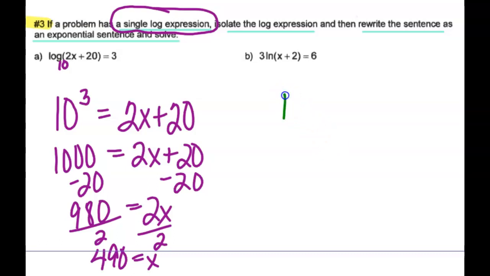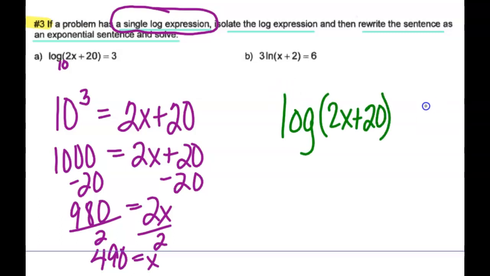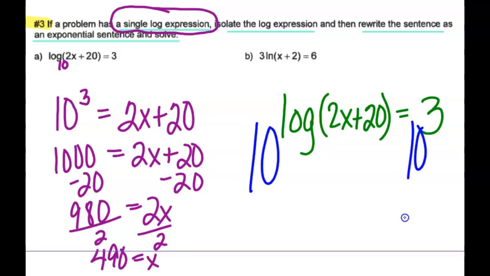I'm going to do a commercial break here. Some teachers teach it this way. I think Mr. Hardy is one of them. I'm not a huge fan because it feels like magic to me, but it's okay if this is the way you want to show this. This is a base 10, right? So what they do is they say, I'm going to exponentiate both sides. Yeah, I remember this. And then this cancels each other out.